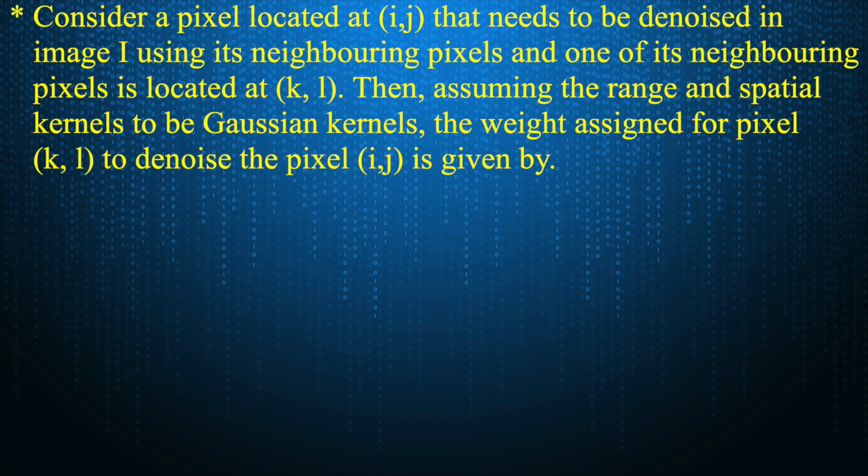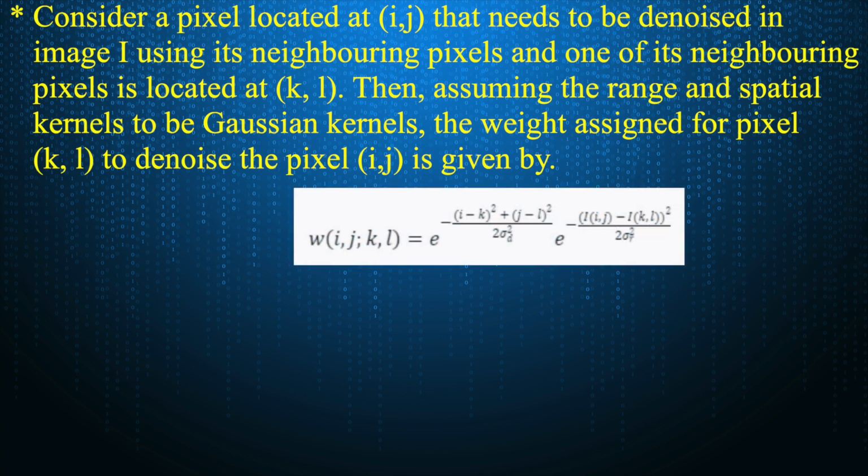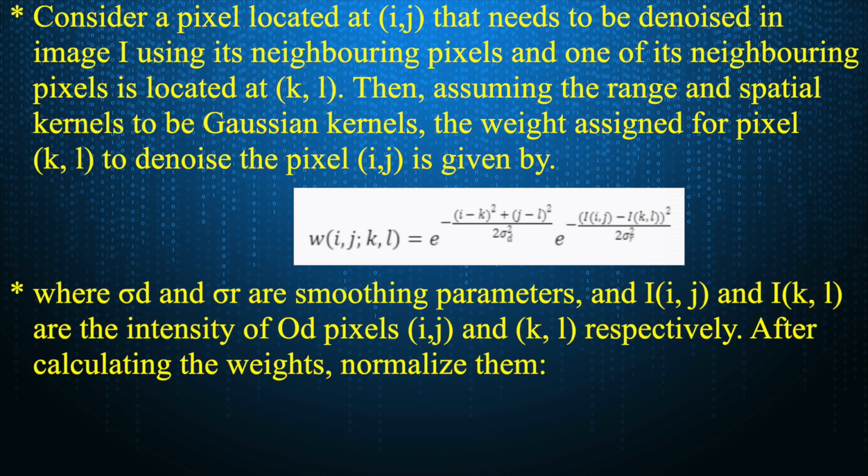Assuming the range and spatial kernels to be Gaussian kernels, the weight assigned for pixel (k, l) to denoise pixel (i, j) is given by w(i, j, k, l) equal to the exponential of minus the squared coordinate distance upon 2 sigma_d squared, and similarly the exponential of minus the squared intensity difference, where sigma_d and sigma_r are the smoothing parameters, and I(i, j) and I(k, l) are the intensities of the pixels.